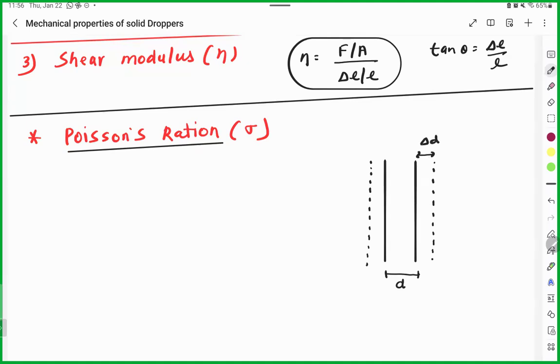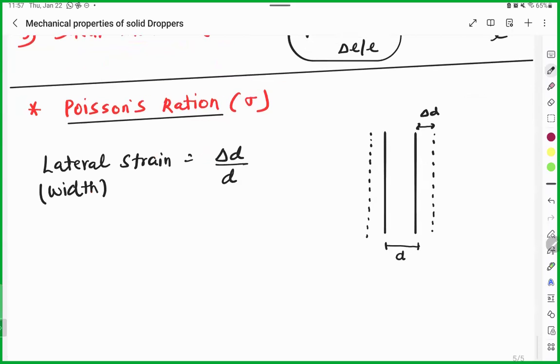Remember, not length, width. That's why lateral strain means we are talking about width. If you increase the width, what will be the value? Change in width divided by original width. Correct? Change in width by original width.